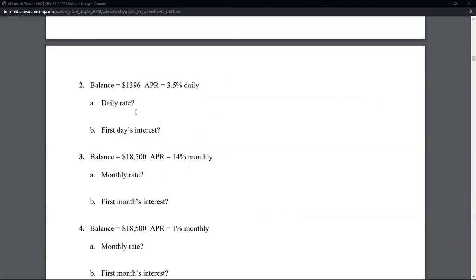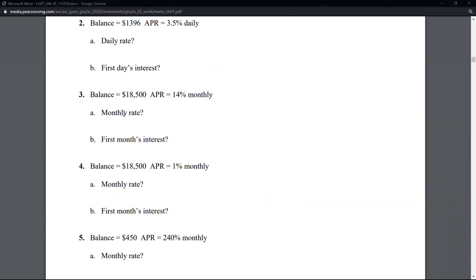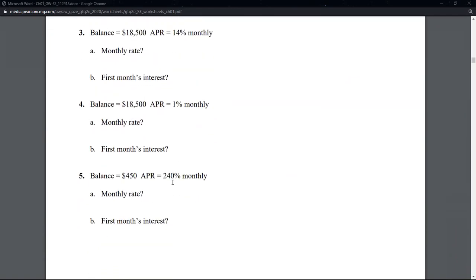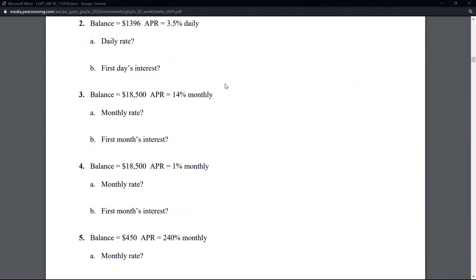And then to get the interest, you'll take the 0.0, whatever that is with 2 extra zeros in front of it, multiply by the 1396. For 3, you're dividing by 12 and then taking that number, convert it to a decimal, multiplying it by the 18,000. Same thing, same thing. And the last 3 are monthly because monthly is more common than anything else in the real world. Except with retirement plans are done daily because they change every day.